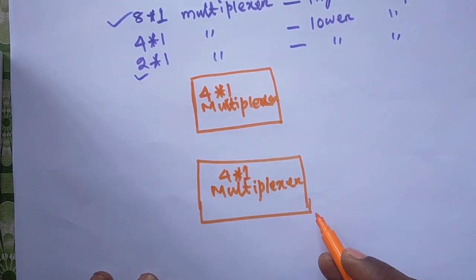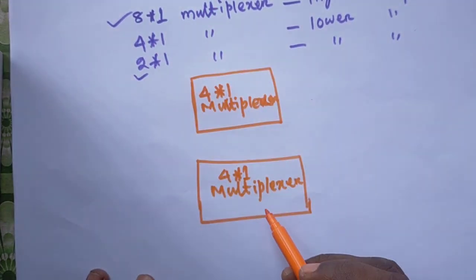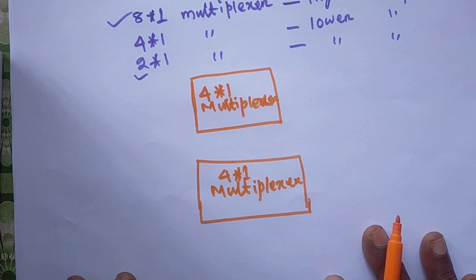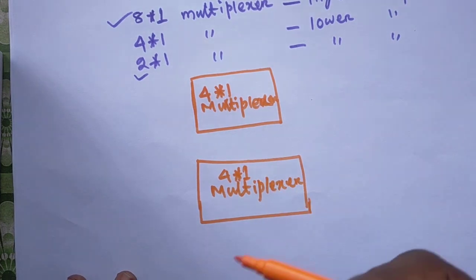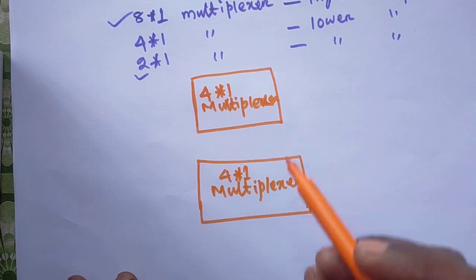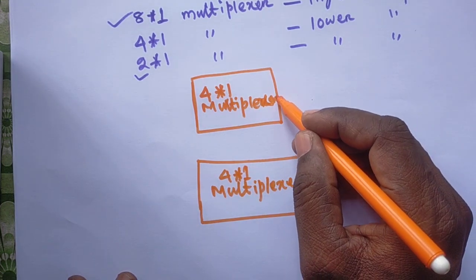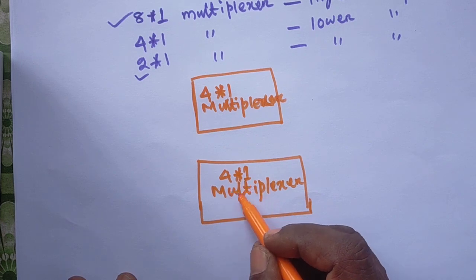We consider 2 multiplexers in the first stage. Since we need to design an 8 to 1 multiplexer, how many inputs are required? 8 inputs are required. Those 8 inputs are divided into 2 parts. The first part goes to one 4 into 1 multiplexer, and the second part, the other 4 inputs, goes to another 4 into 1 multiplexer.